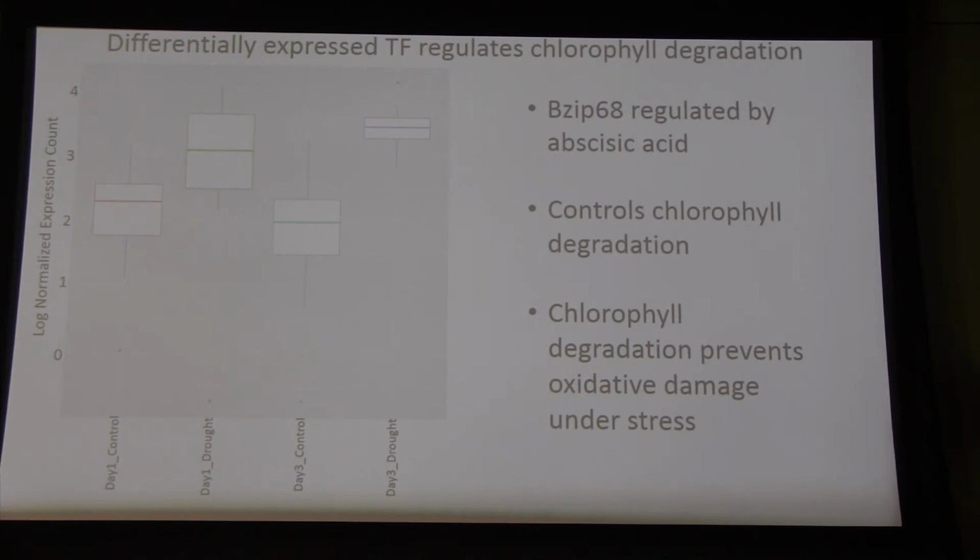And how is that related to drought? Well, under drought stress, as I mentioned, the stomates close, and that limits photosynthesis, but it doesn't affect how light is absorbed by chlorophyll, and that results in damage. And so one of the responses that the plant has is to degrade some chlorophyll to limit the damage.